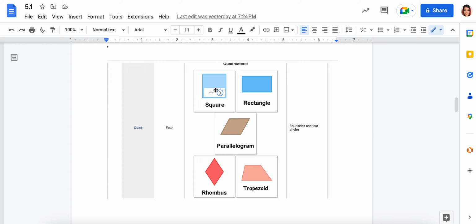So a square can actually be classified as a rectangle as well, but we call it a square because it's more specific. That square name tells us that all sides are congruent. If we were calling a square a rectangle, you might draw a picture like this that doesn't have all sides congruent. So if you're trying to explain to somebody how to draw a square, you would specifically say all sides are congruent.